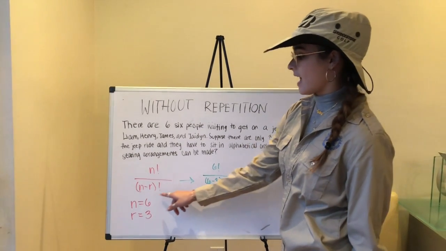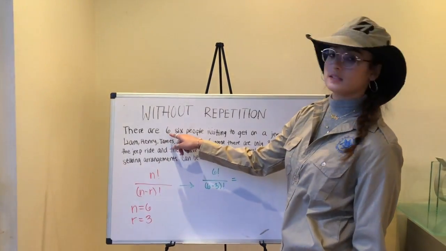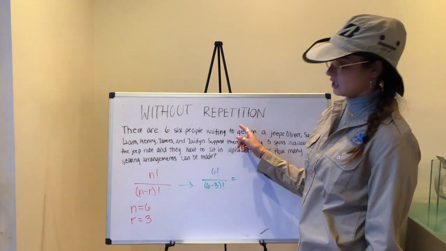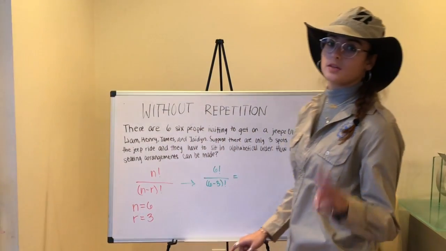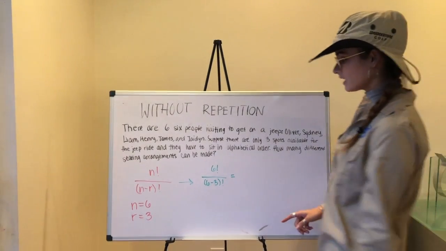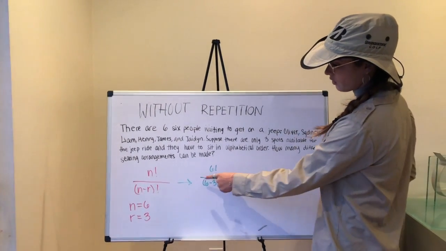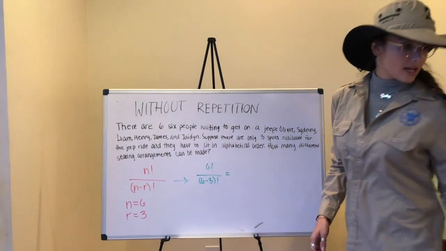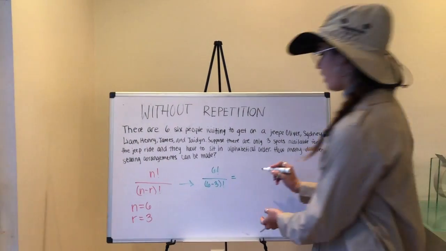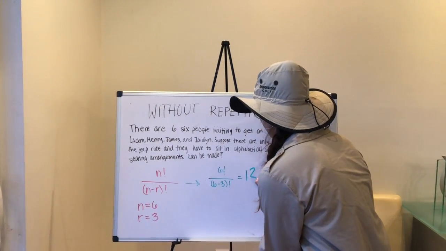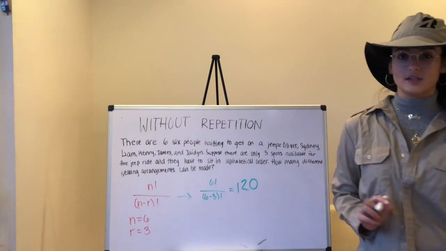In this case, n equals 6 because there are a total of 6 people waiting to get on a Jeep, and r equals 3 because there are only 3 available seats. So we use 6 factorial over 6 minus 3 factorial, and it gives us a total of 120 possible seating arrangements.